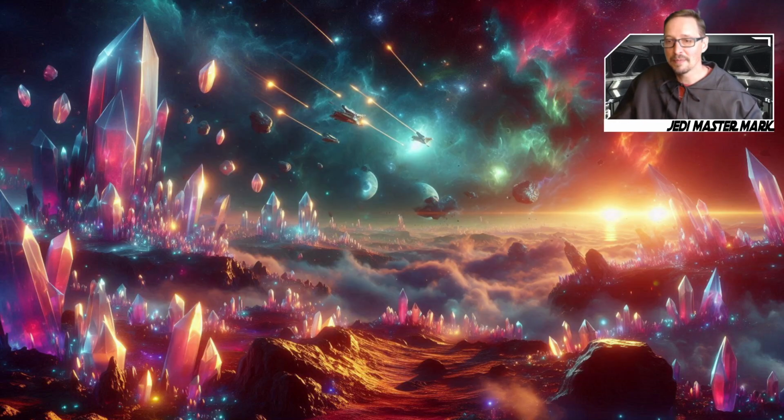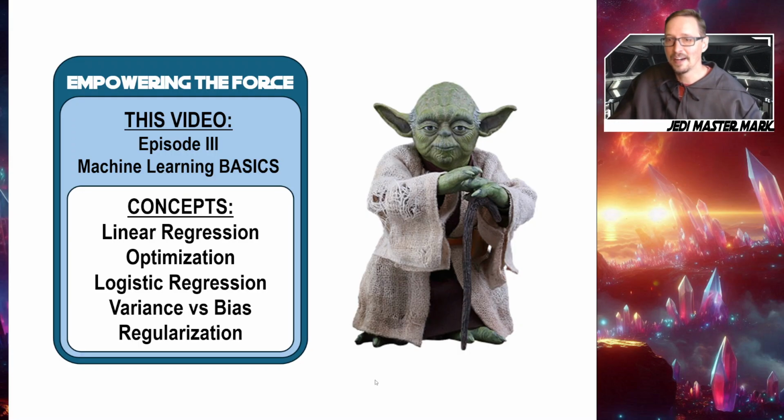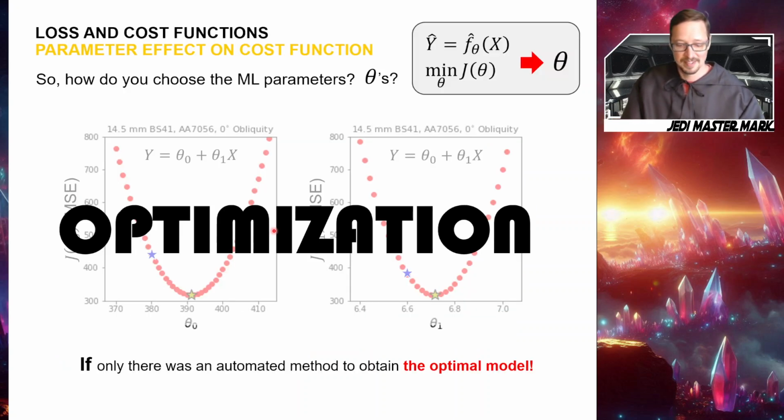So I'm going to pull up the PowerPoint, and here we go. Again, this is part 2, and we just got done talking about linear regression and optimization. Yes, and here's the slide to prove it. Where we left off with the last part, we were talking about how you choose these different machine learning parameters.